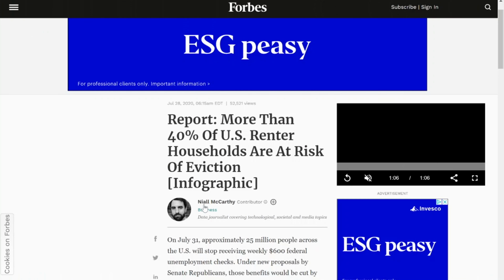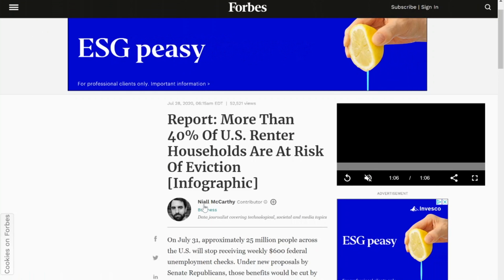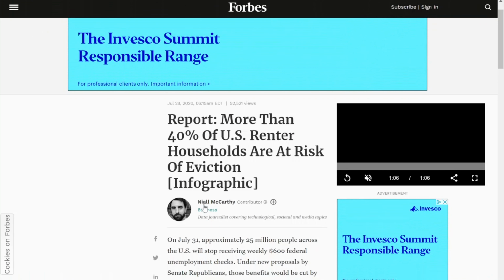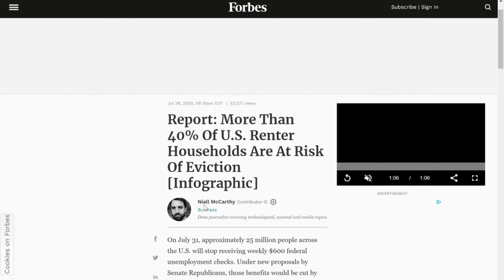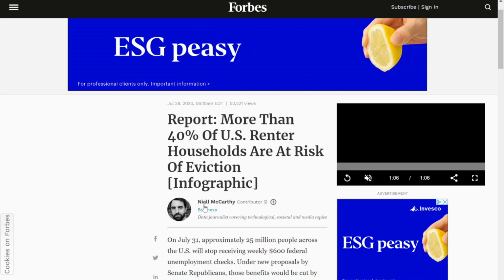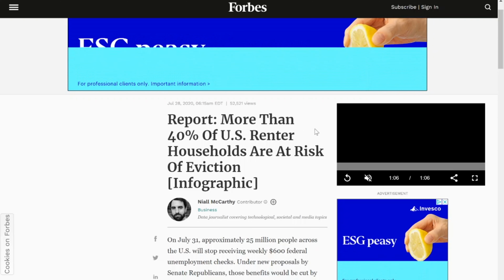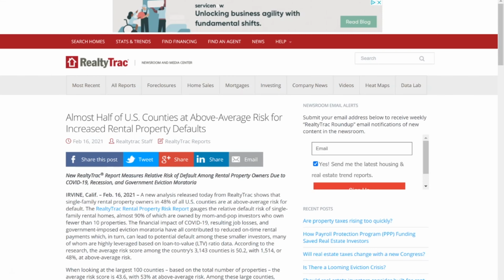Now, according to Forbes, and this report is from July 2020, more than 40% of US renter households are at risk of eviction, with the company Realty Track currently stating that 50% are above average risk of defaulting on rentals. Again, I will put this link.